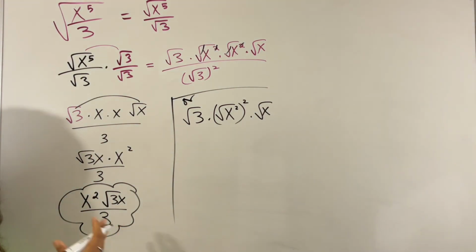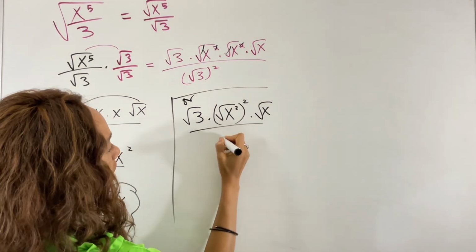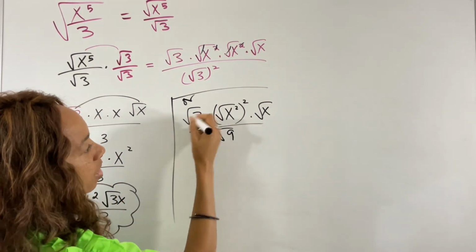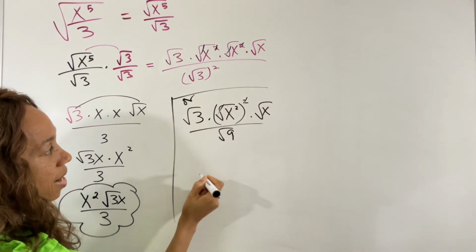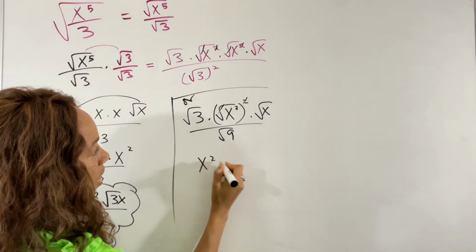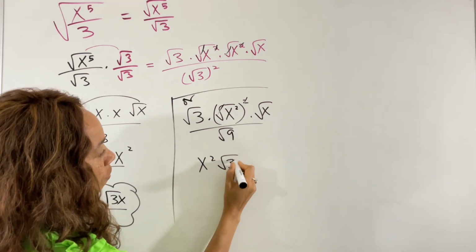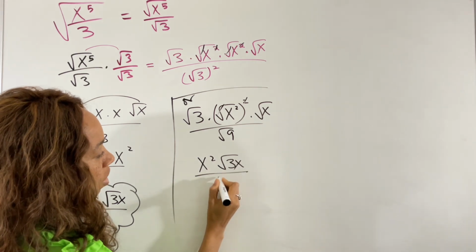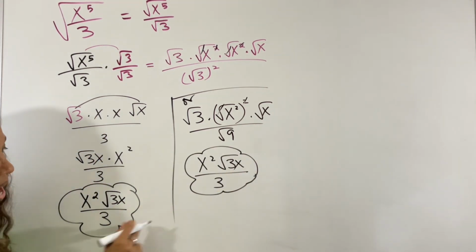If you chose to write it like that, then you could also have square root of 9 there, and this now is going to cancel that out. You will end up with x squared, put the x squared first, square root of 3x over 3. And you notice that you get your same answer here.